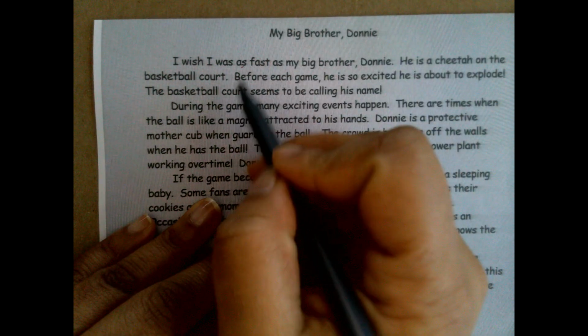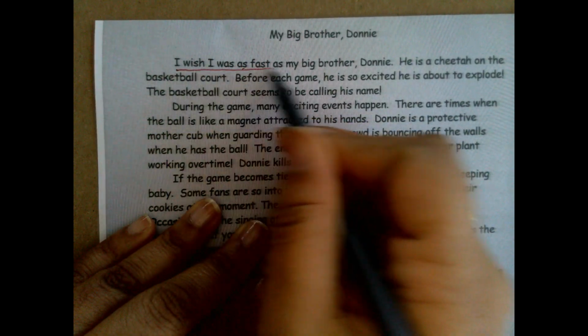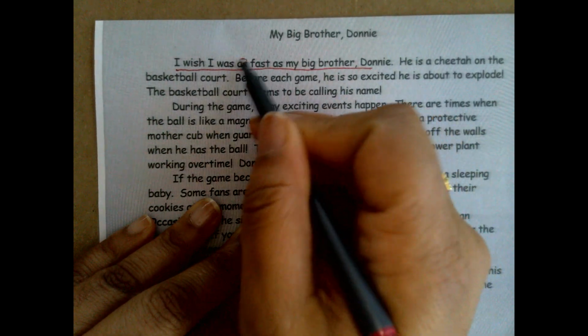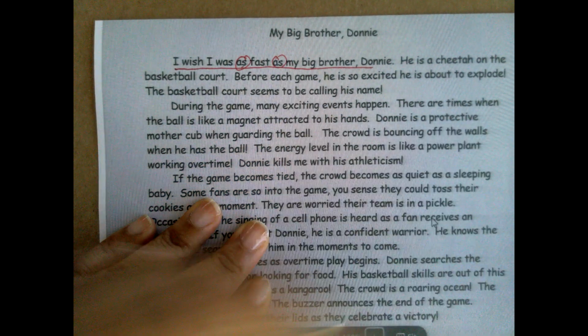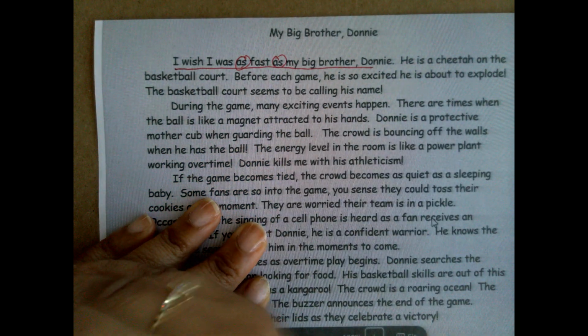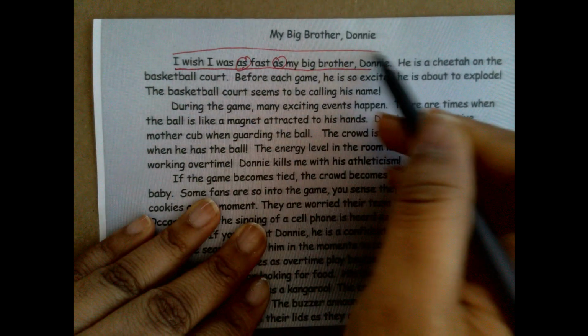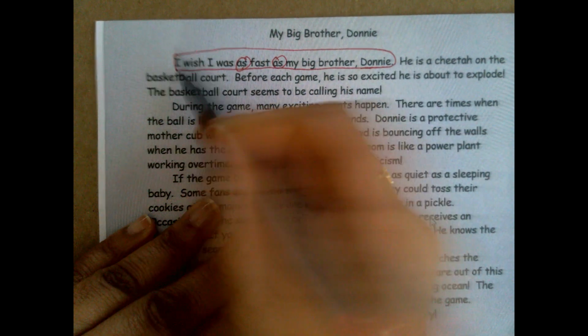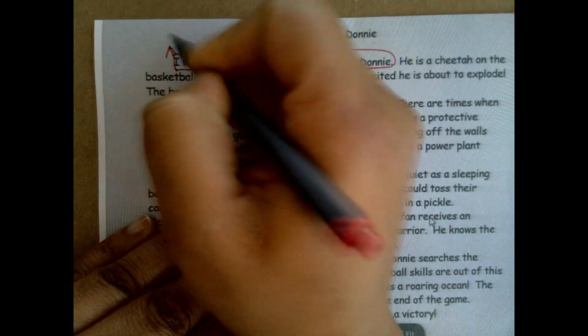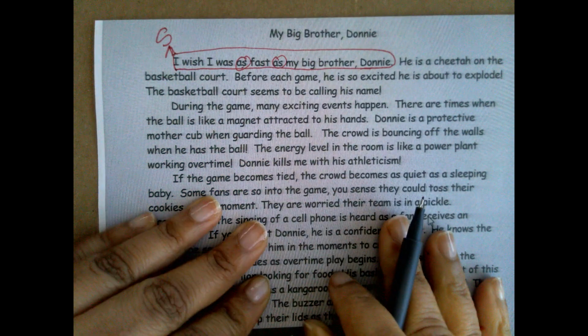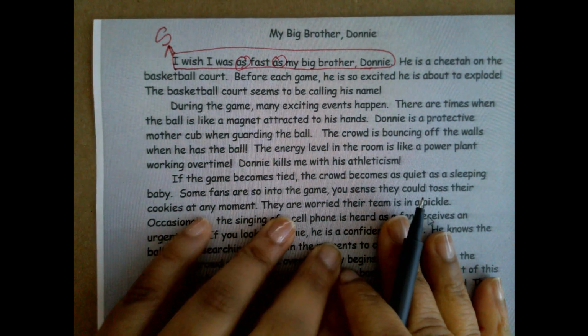I think this is a simile because I see as and as, right? So I'm going to highlight this in red, and I'm going to put a big juicy S there to mean simile, or you could ask them to write it out, right?